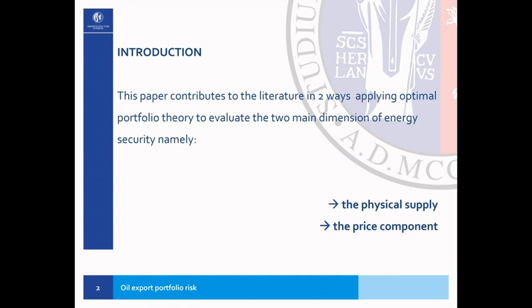After all, the IEA was established in 1973 for that reason, to try to understand how to ensure physical continuity and energy security for the developed world. Now, with this paper, we look at the reverse. What is energy security from the viewpoint of oil exporters?